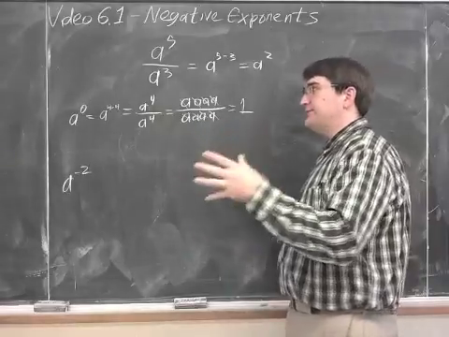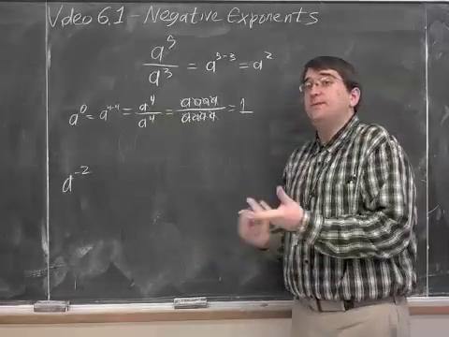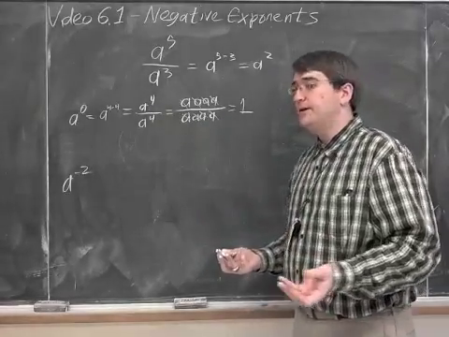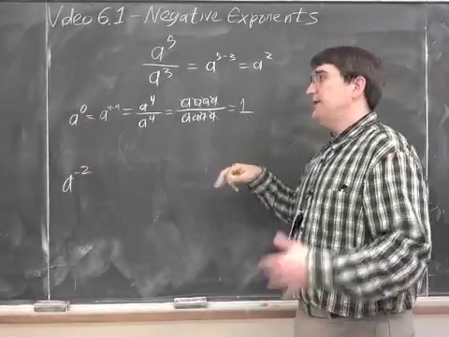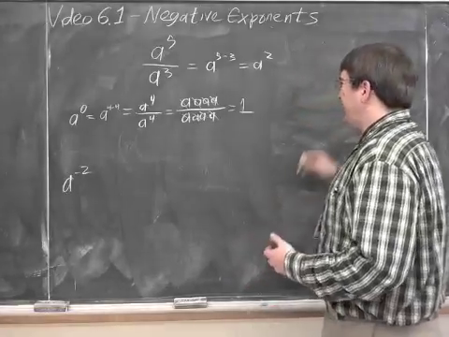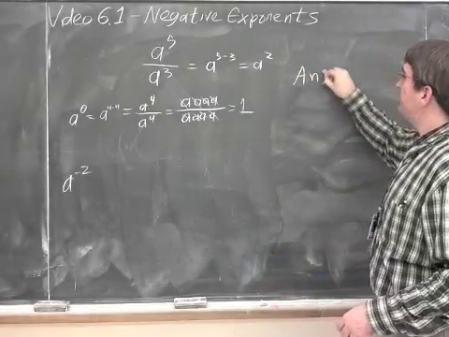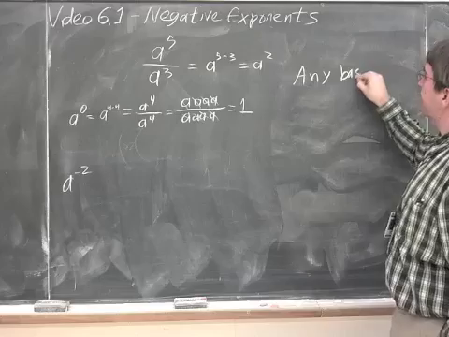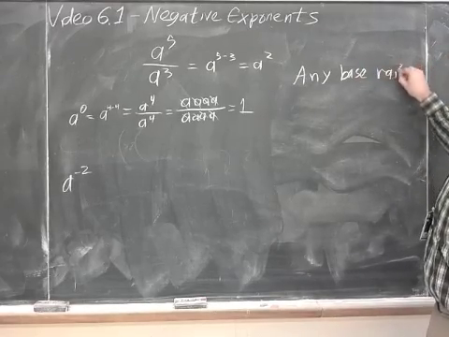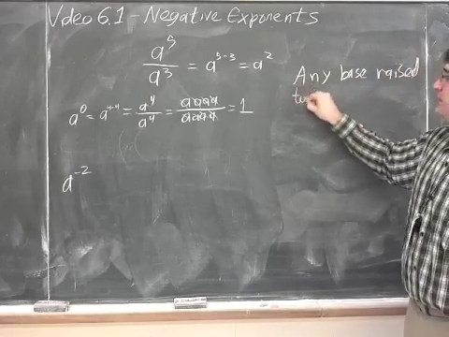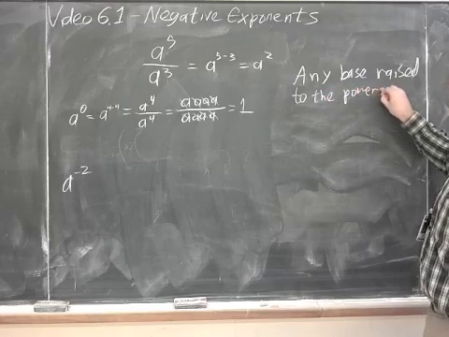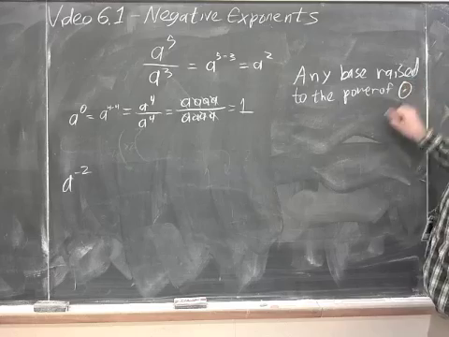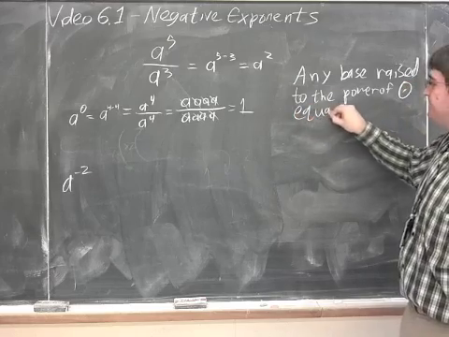We got a kind of transitive property, which gives us a definition: a to the 0 equals 1. In general, this means that any base raised to the power of 0 equals 1.